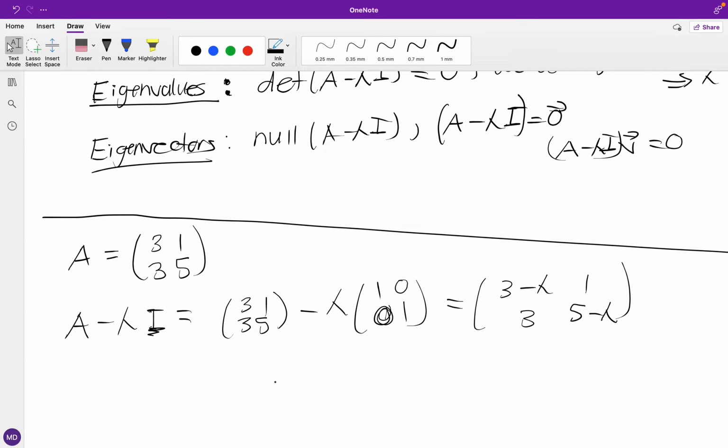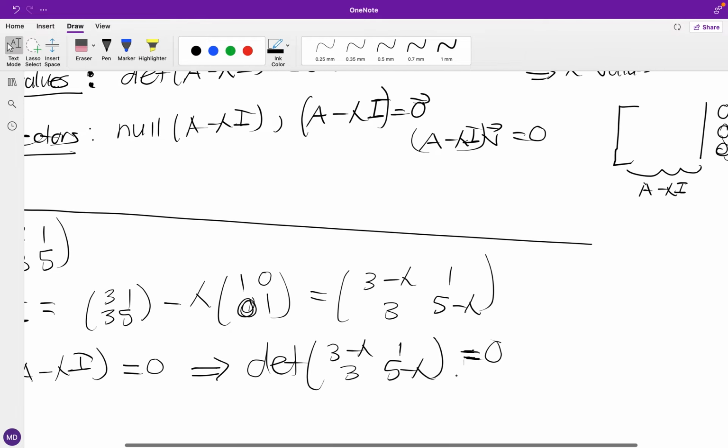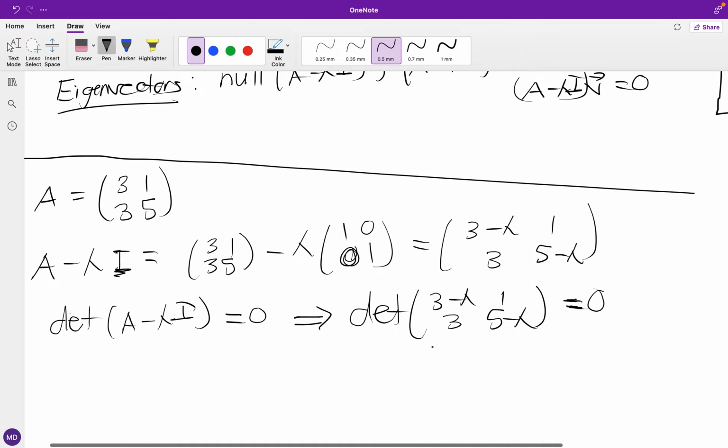And now to solve for eigenvalues, we want to take the determinant of A minus lambda I and set it equal to 0, which implies that the determinant of 3 minus lambda, 3, 1, and 5 minus lambda equals 0. As you might realize now, this is one of the reasons why we wanted to show how to compute determinants in previous videos.